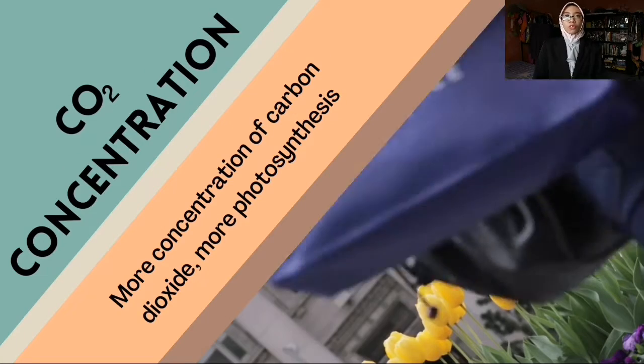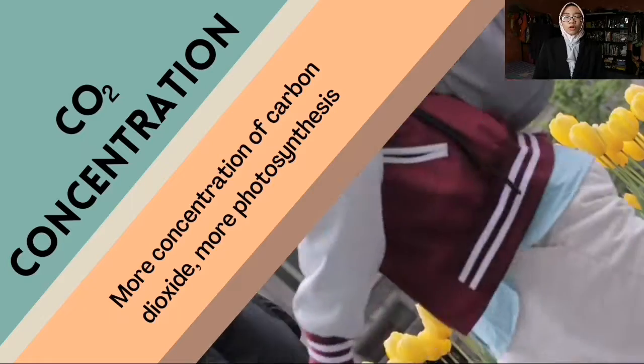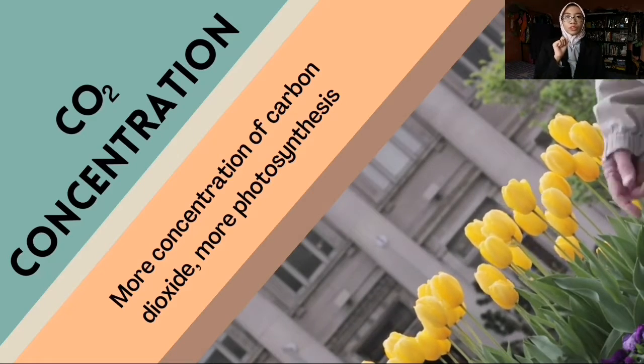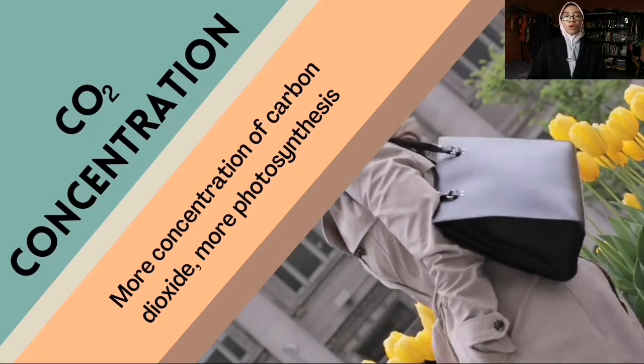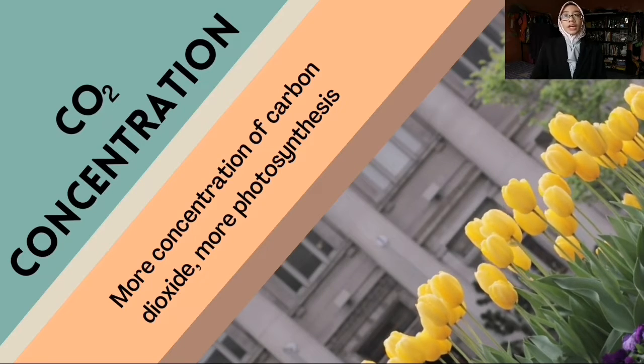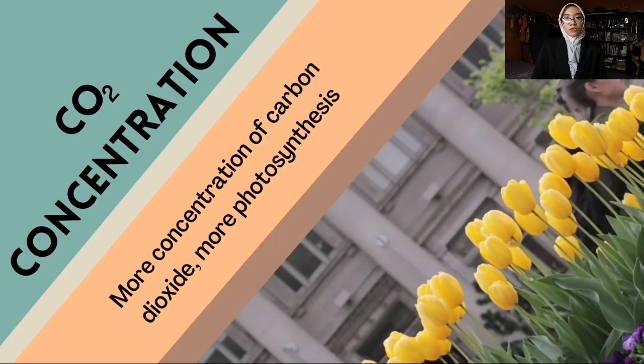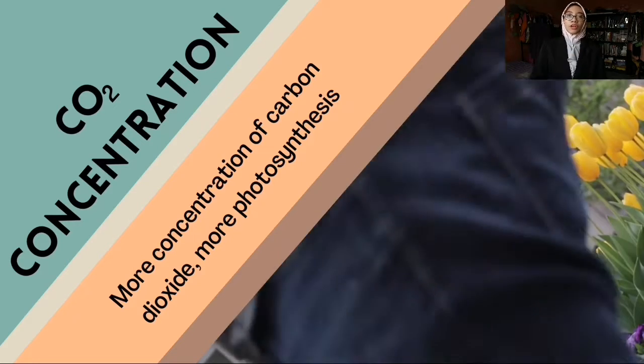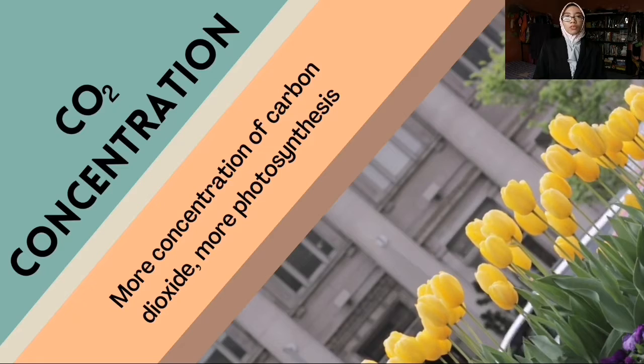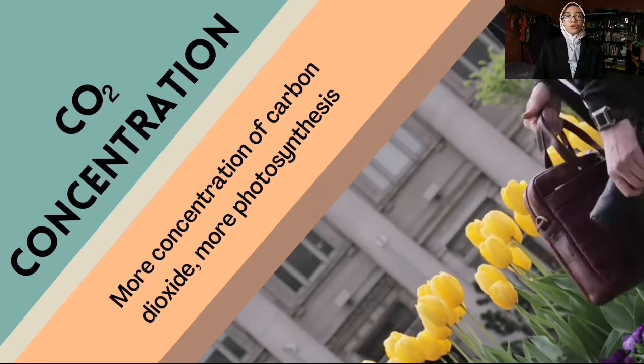We have carbon dioxide concentration. The carbon dioxide concentration has something to do with photosynthesis, with the presence of optimum light and temperature. If the carbon dioxide concentration is below 0.03%, the rate of photosynthesis will be low. That means more concentration of carbon dioxide, more photosynthesis. However, the efficiency of the carbon dioxide is only limited up to 1.0%.